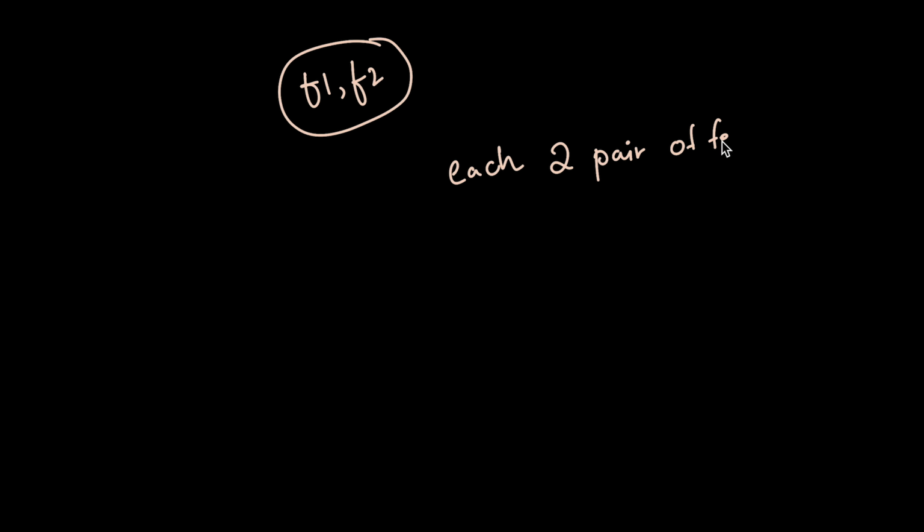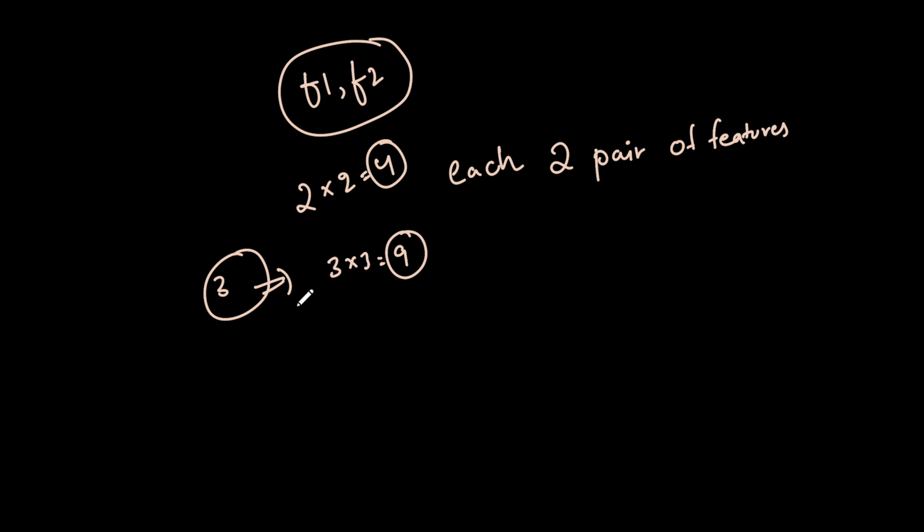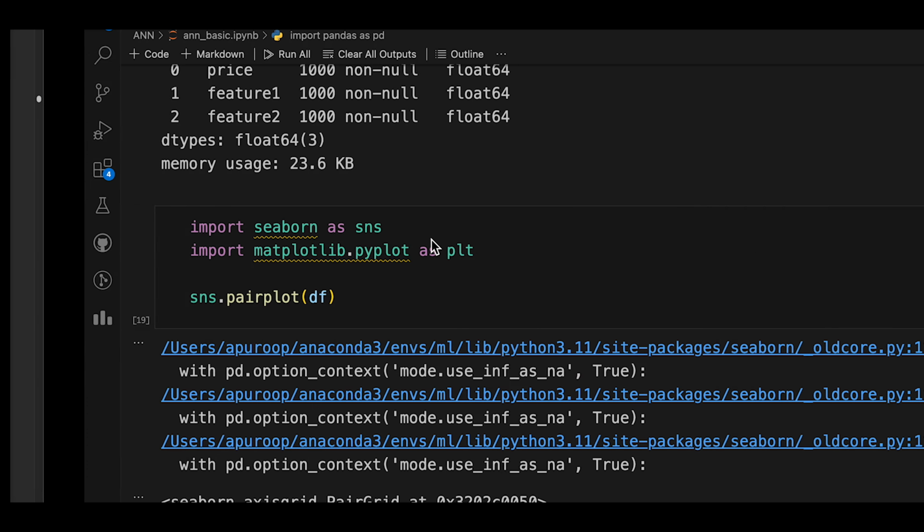Basically, if you have two features, it gives 2 into 2, that is 4 graphs. For the pair plot here we are sending price, feature one and feature two, so it considers three features and gives us 9 graphs. Let's see how these 9 graphs look.